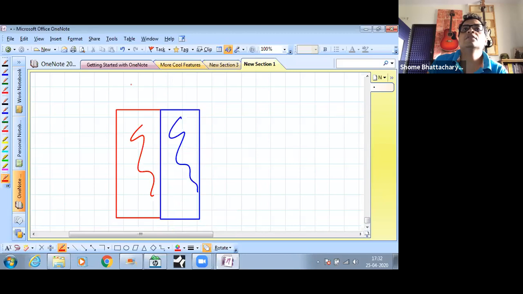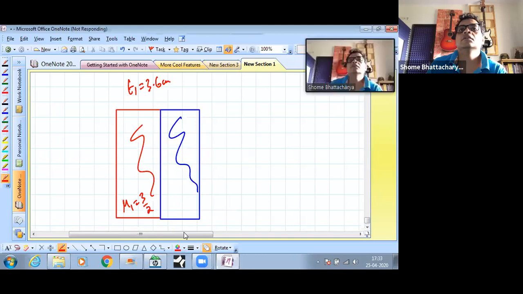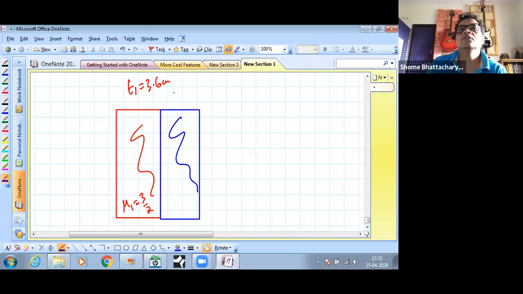This has some thickness, let's say 3.6 centimeters, and refractive index 3/2, and this has thickness, let's say 2.4 centimeters, and refractive index 4/3.